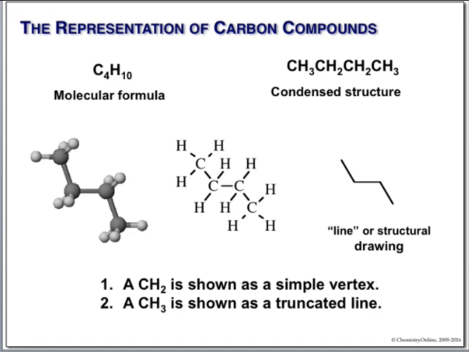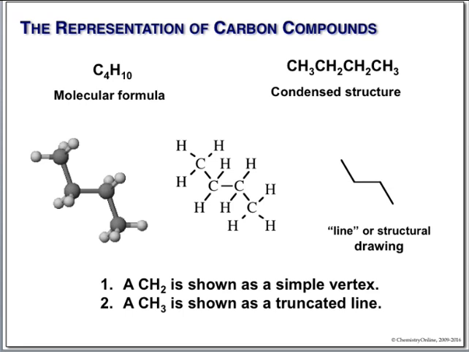So our CH3, CH2, CH2, and another CH3. You're just expected to look at this and to understand that. Every carbon will have the appropriate number of hydrogens in this type of a drawing.